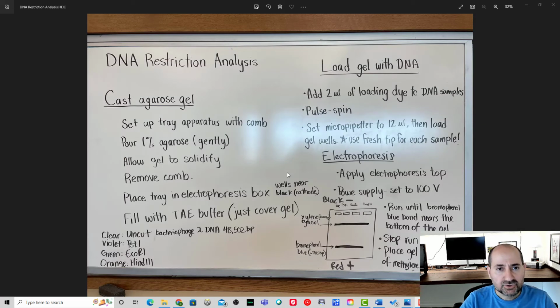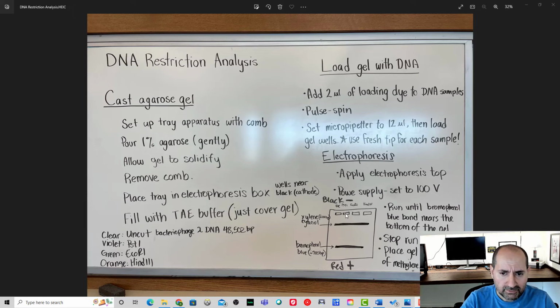For DNA restriction analysis, remember that we cast a 1% agarose gel, and then we added the TAE buffer, and to that gel we added our DNA to various wells. One well contained uncut bacteriophage lambda DNA, which is about 48,000 base pairs.